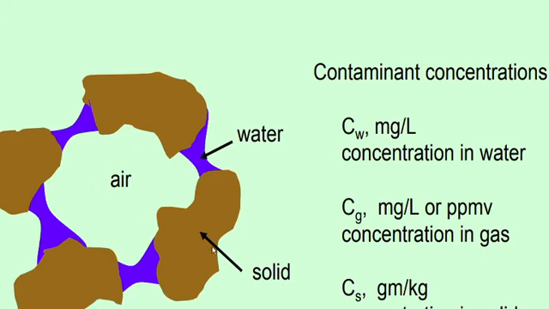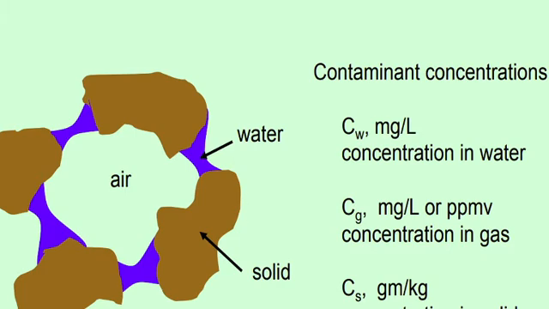So how will we be measuring these things? Actually, this is the basics. We will be defining our solid particle as an important section, which will be related to the contaminant adsorption with this solid particle.